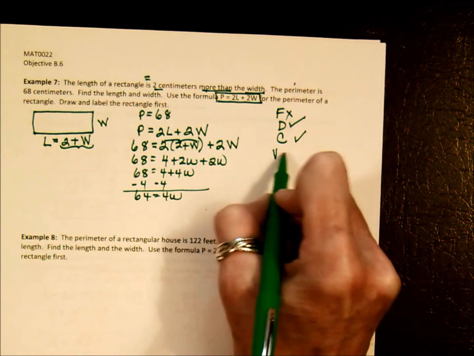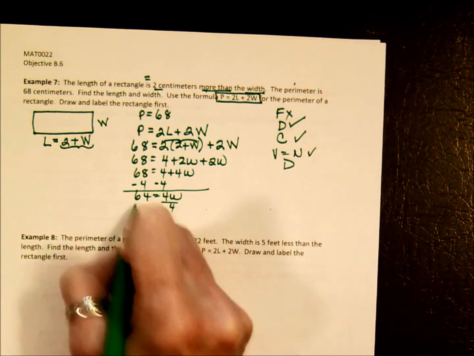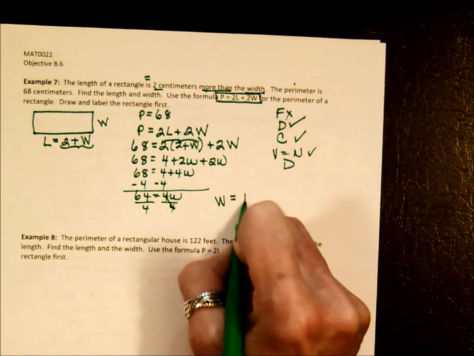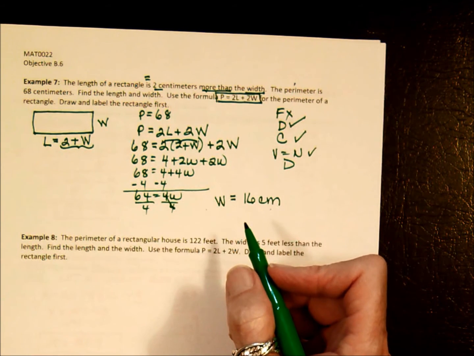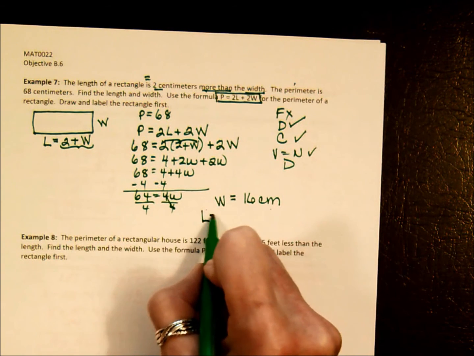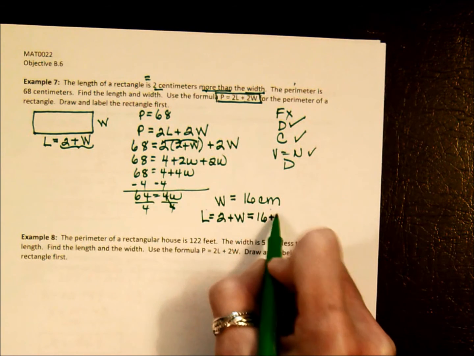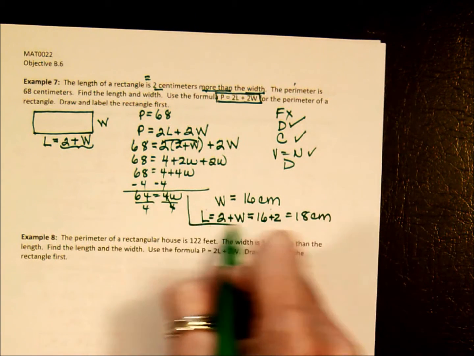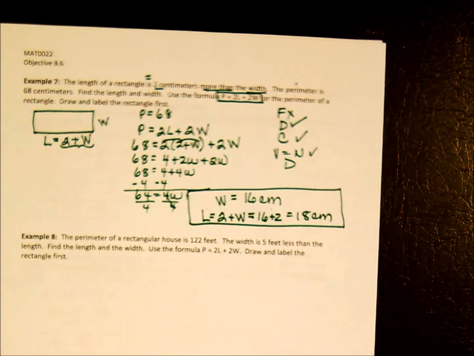And I have numbers on the other side, and now divide by that coefficient, and I get that the width is equal to 16 centimeters if you do that division. Now that's not all though, I also have to know the length. The length is equal to 2 plus the width, so it's equal to 16 plus 2, which is 18 centimeters. So I'm still getting 2 answers in the 2 pieces that I am comparing.